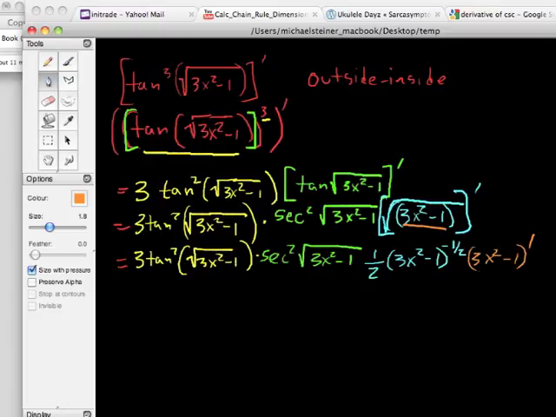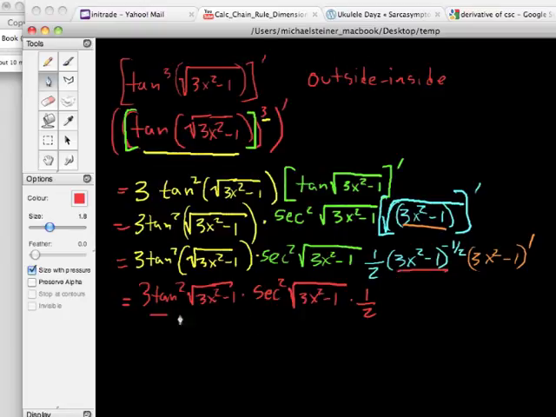So what are we finally left with? We are left with 3 tangent squared radical 3x squared minus 1 times secant squared radical 3x squared minus 1 times 1/2. Now I'm just going to take this term and run everything over the square root of 3x squared minus 1.